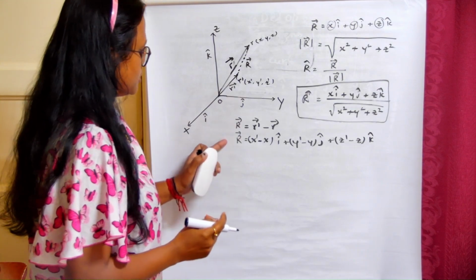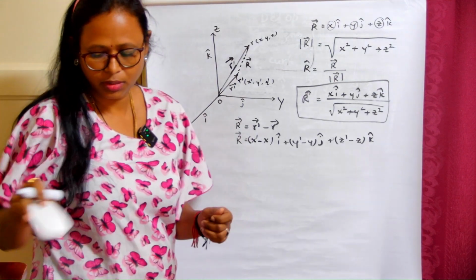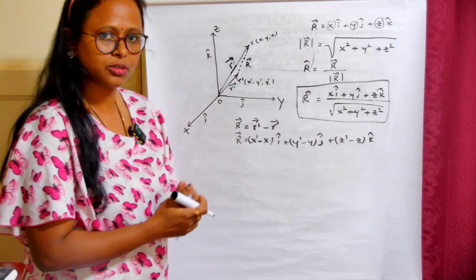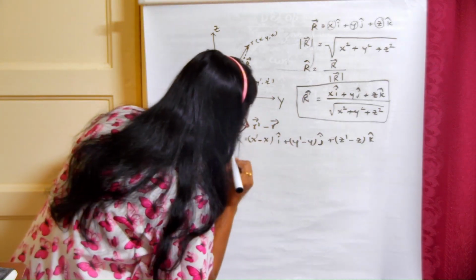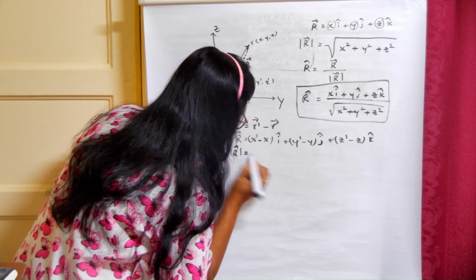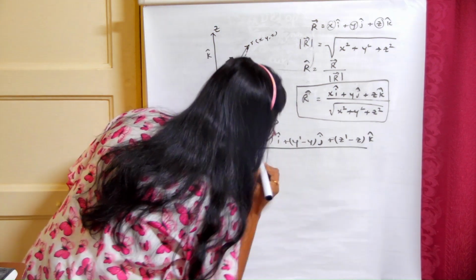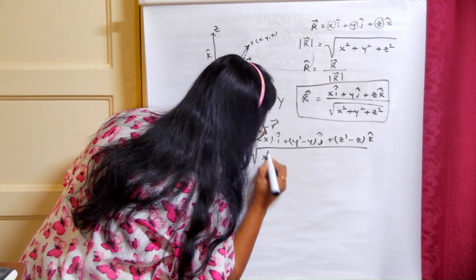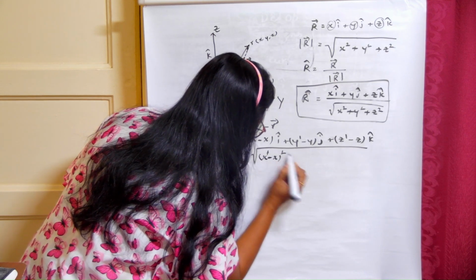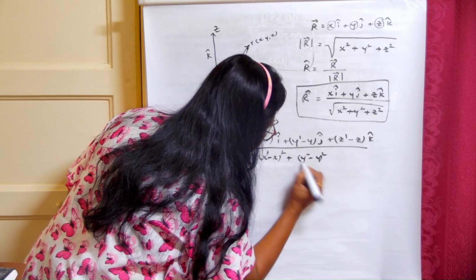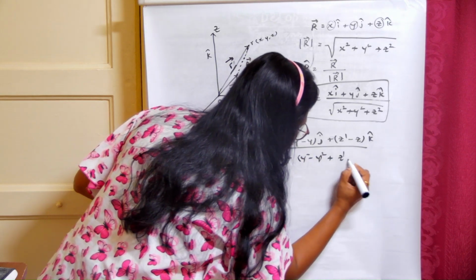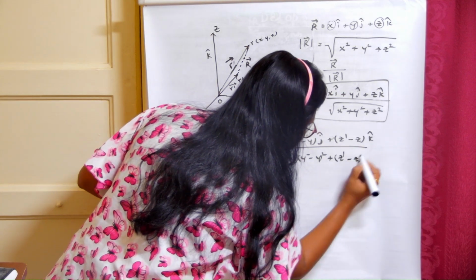So now to know its direction, we have to get the unit vector corresponding to this separation vector. Then let me write the magnitude first. This will be square root of x prime minus x square, plus y prime minus y square, plus z prime minus z square.